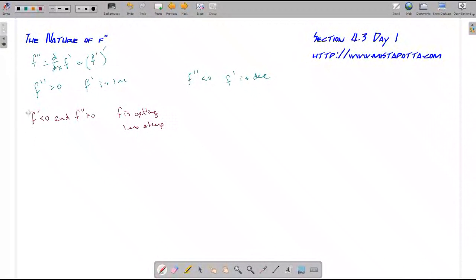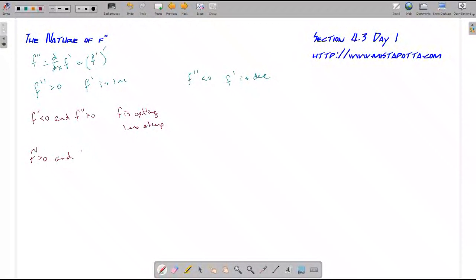Because my slopes are already negative, but they're starting to become more positive. They're going towards the positive. So I'm going from a large negative number to a smaller negative number, and so my lines are getting less steep.